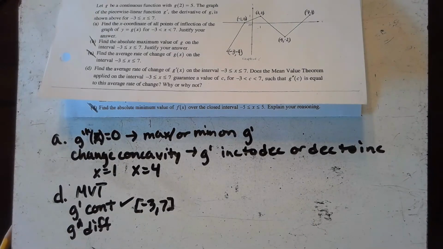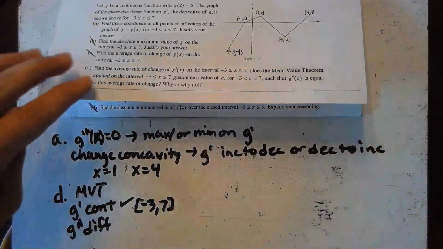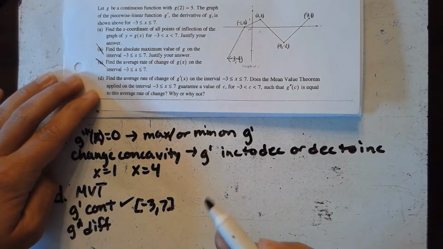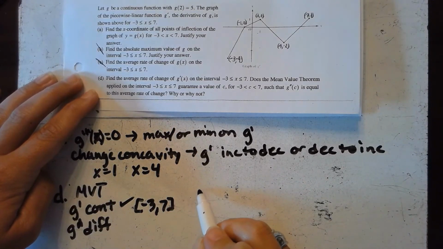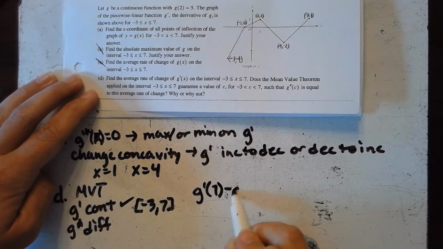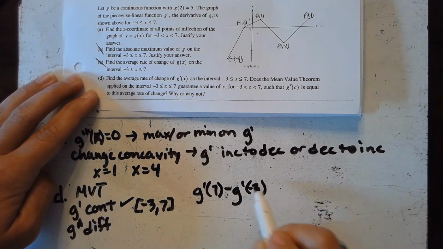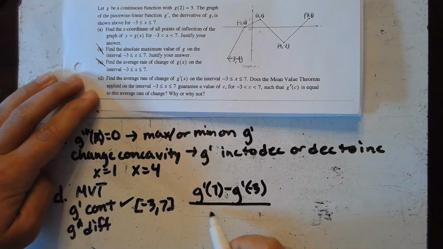And I lied, this is actually 2008, sorry about that. So here we want to find G prime of 7 minus G prime of -3, all over 7 minus -3.